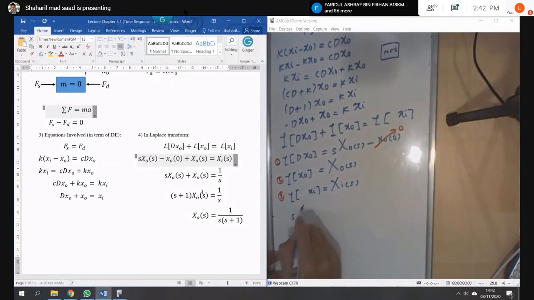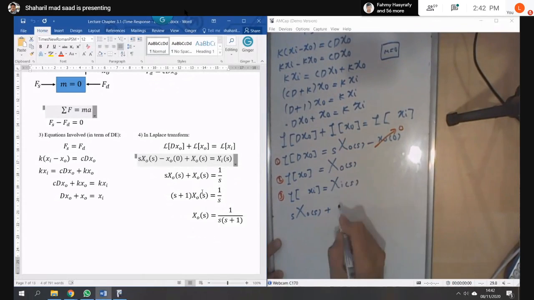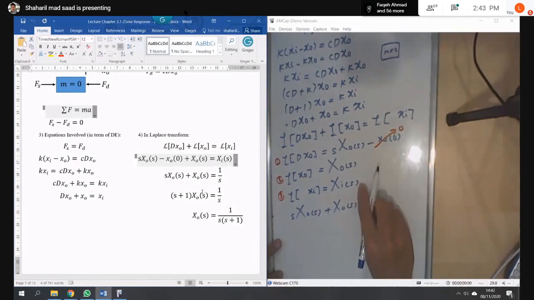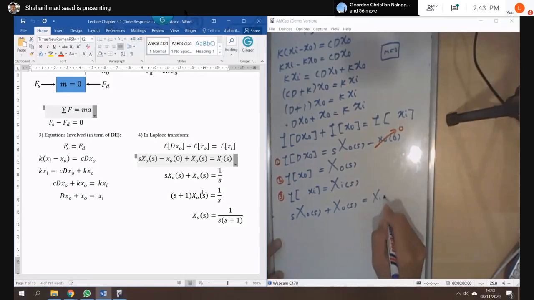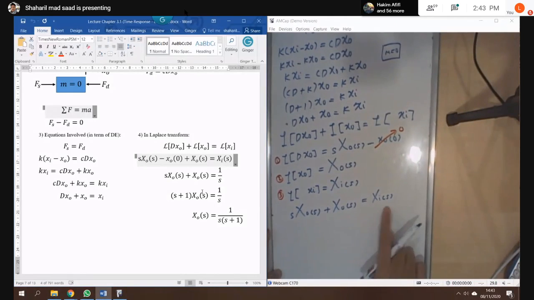We get X naught of s plus s X naught of s, and then it is equal to Xi of s. Please tell me if I'm wrong about it.